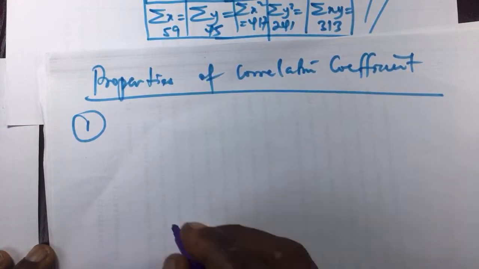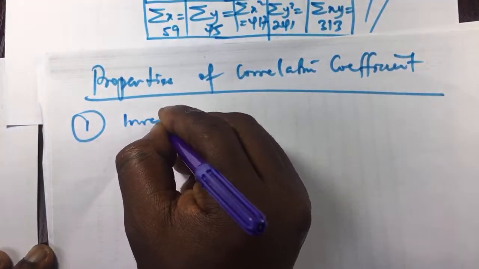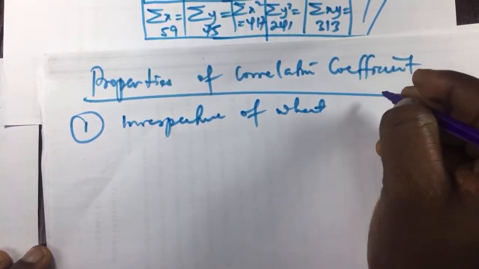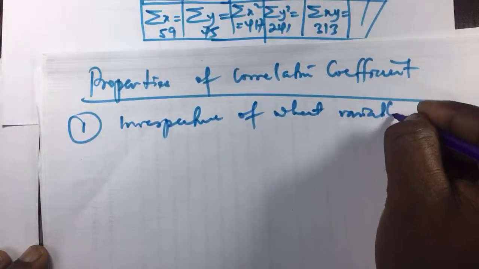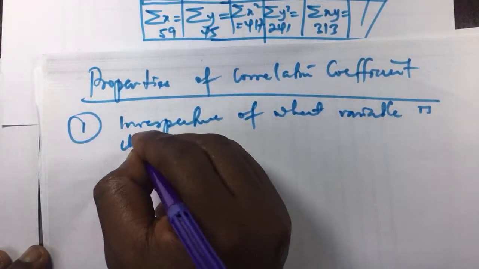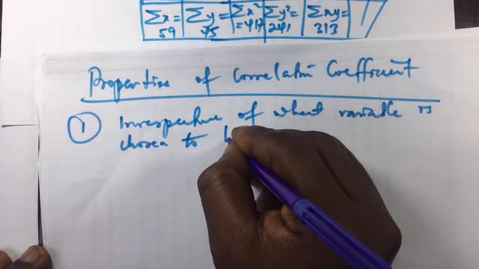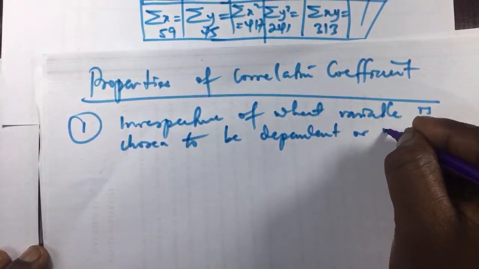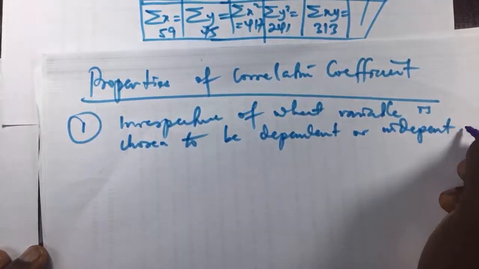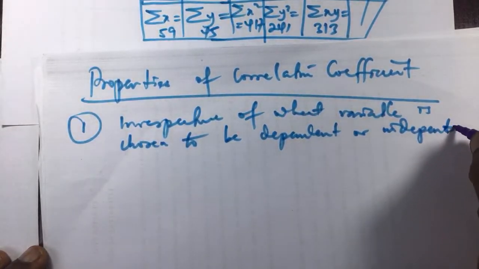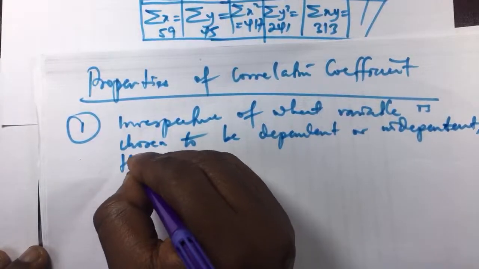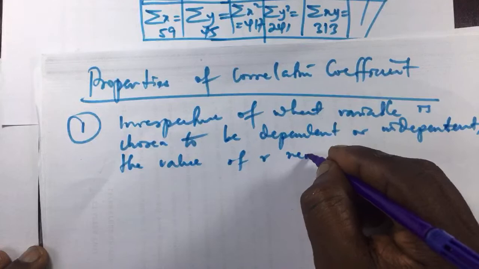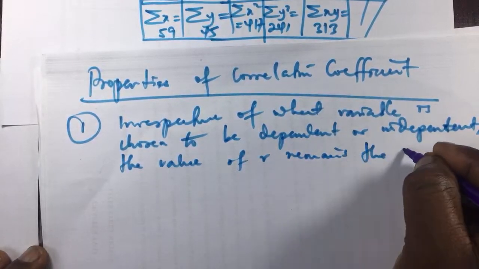So irrespective of what variable is chosen to be dependent or independent, the value of R, the correlation coefficient, remains the same.